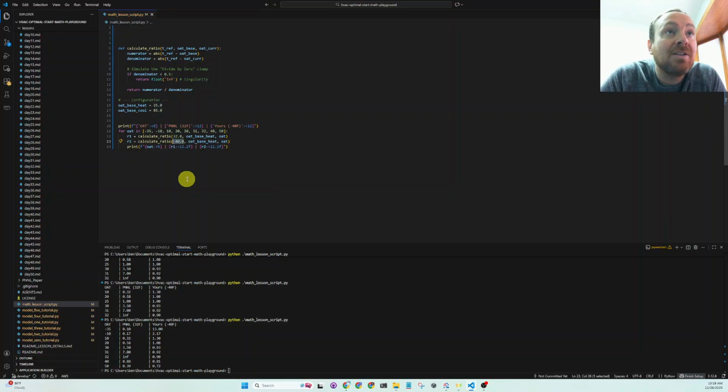So anything colder than that would actually have a negative effect on the ratio, but I don't think we'll ever get that bad. And same thing with the heating. We would want to crank that up in degrees Fahrenheit to 110, because that would be a very extreme cooling application.